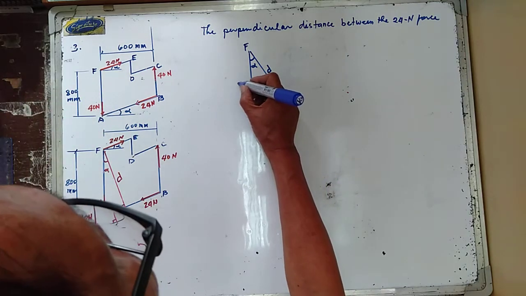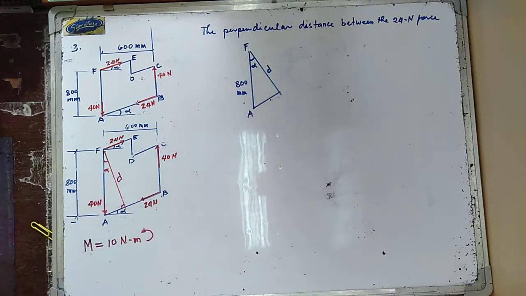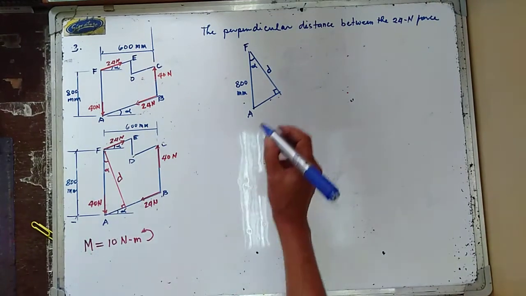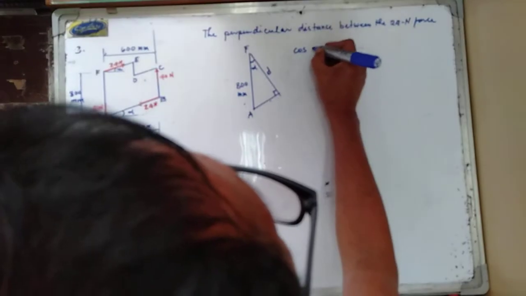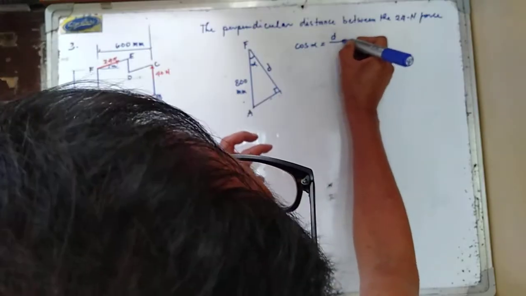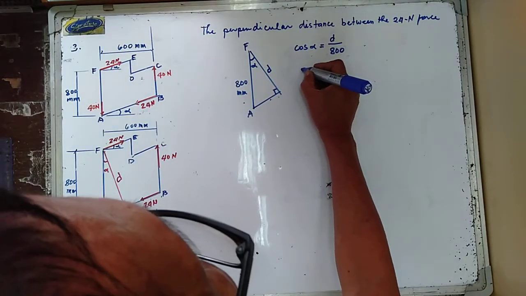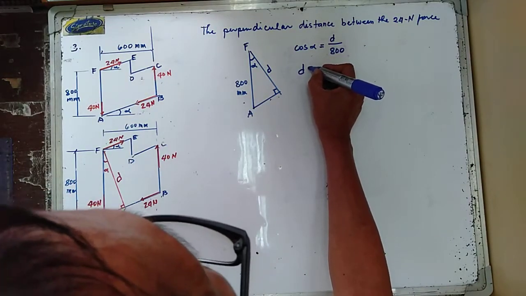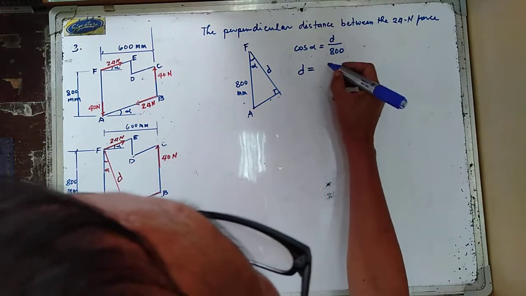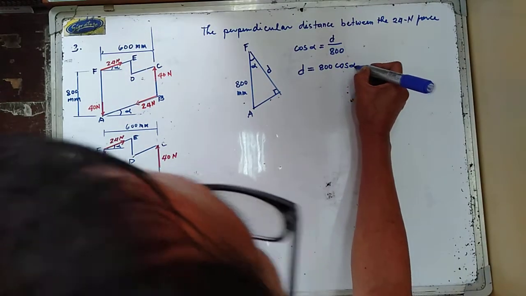And this distance is equal to 800 millimeter. This one is 90 degrees. So cosine of alpha is equal to the adjacent side D over the hypotenuse, which is 800 millimeter. Hence, the perpendicular distance between the 24 Newton forces is equal to 800 cosine of alpha.